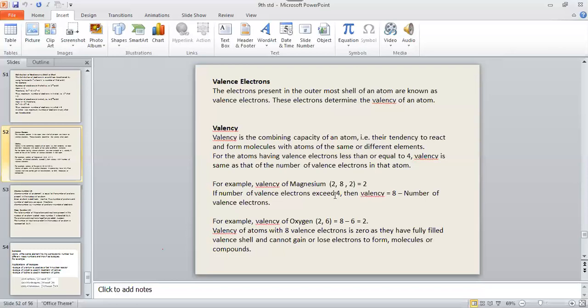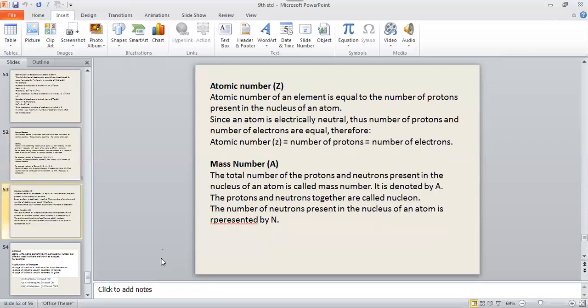These are more than 4, and therefore valency is calculated as 8 minus 6, which is equal to 2, and 2 is the valency of oxygen. The valency of an atom with 8 valence electrons is 0, as they have filled the valence shell and cannot gain or lose electrons to form molecules of compounds.